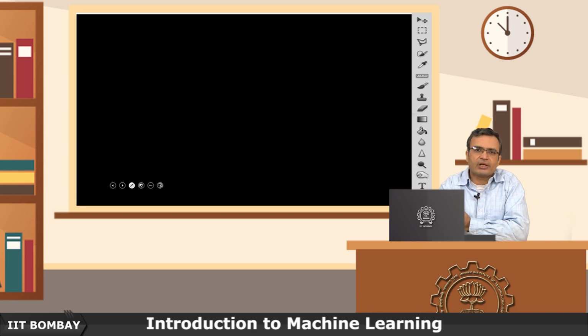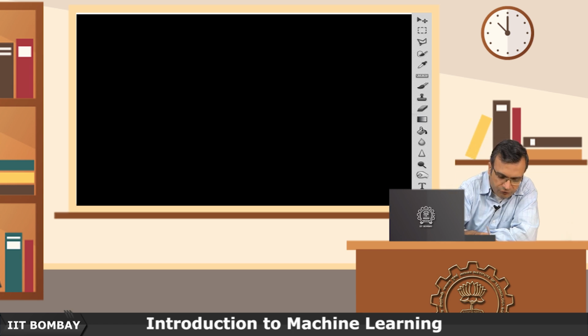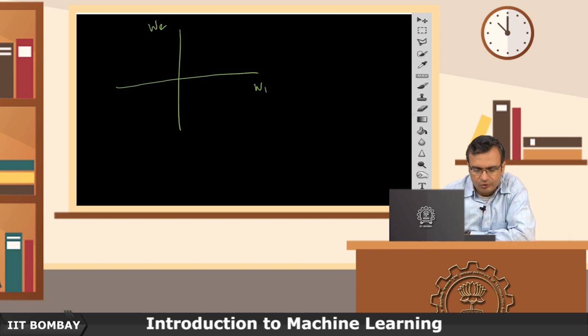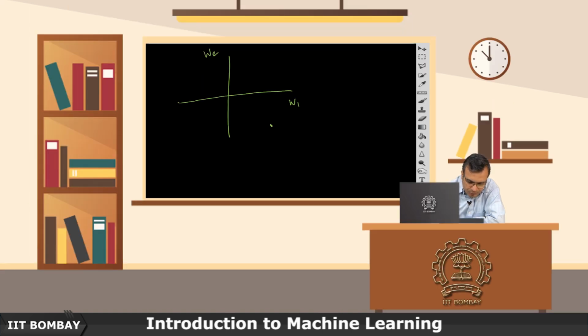So first let's visualize this. Let's look at the first term. Let's say this is the w1 and w2 space. I cannot draw more than 2 dimensions, so I will just say w1 and w2 space. Let's say there is a value of w that is optimal, so let's call it w star.